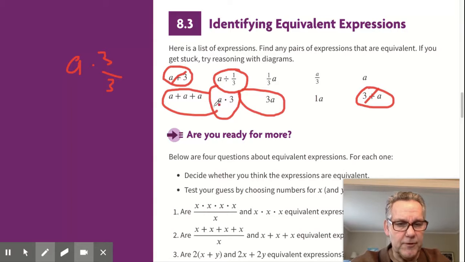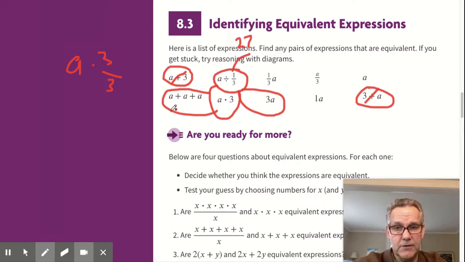So let's put a number in. I'm going to put 9. I'm going to use 9 as my number for letter A. So 9 divided by 1/3. Well, 9 divided by 1/3 is 27. And if we're accurate that all of these are the same, then you should come up with the same value each time you insert 9 for A. And here's A again. 9 plus 9 plus 9.